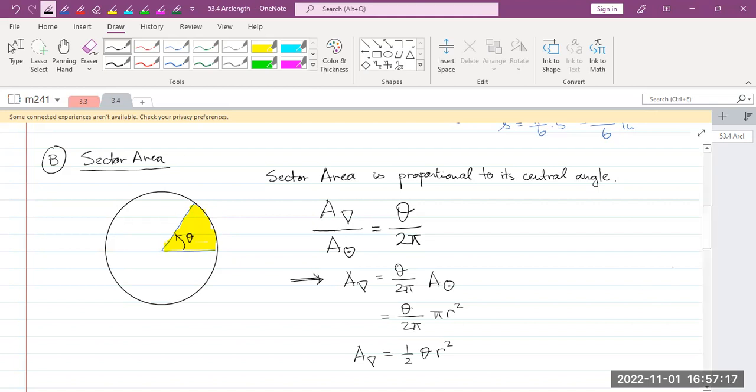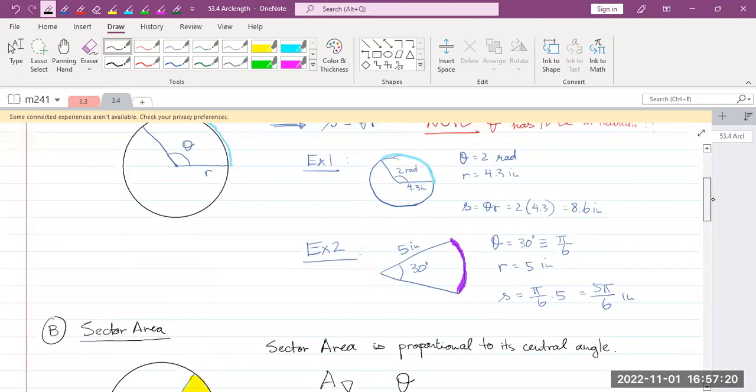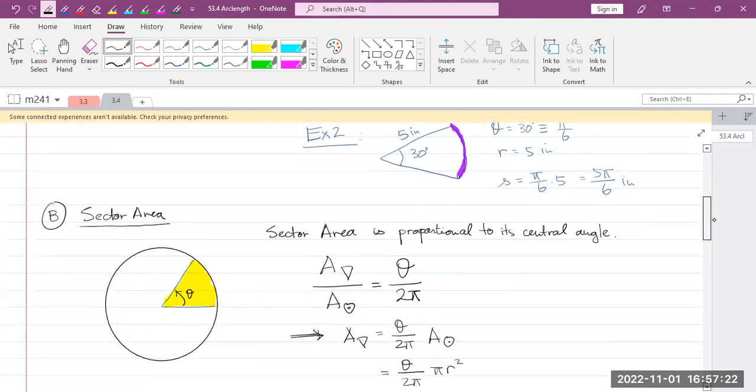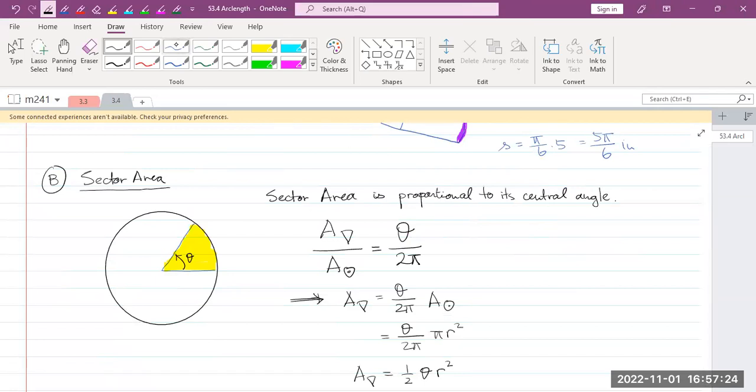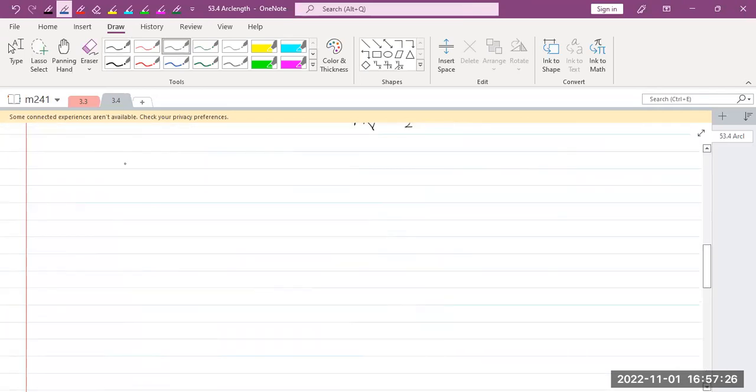Now, going back to our example 1, we have that circle with radius 4.3 inches, and the angle is 2 radian. What is the area of this sector here?